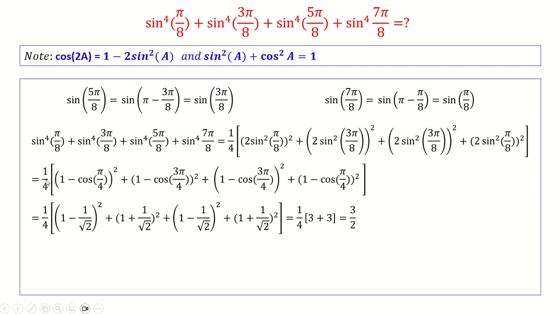Okay, and I am applying the equation sine square a plus cos square a equal to 1. So sine square a is nothing but 1 minus cos square a.